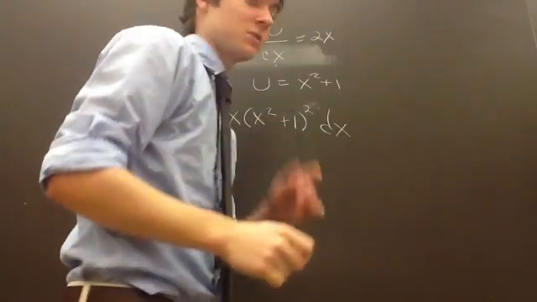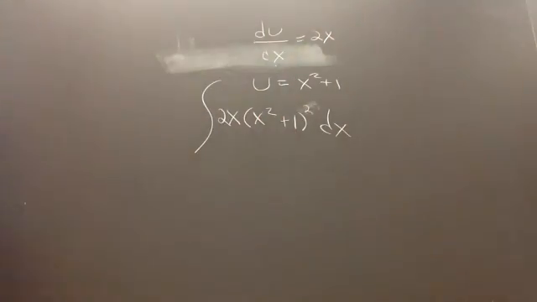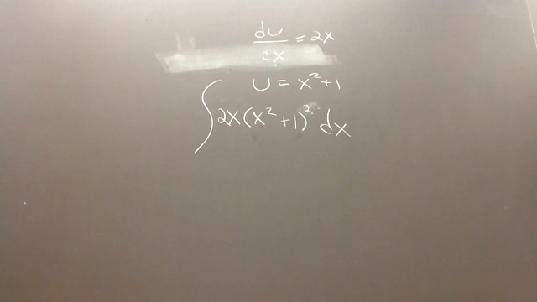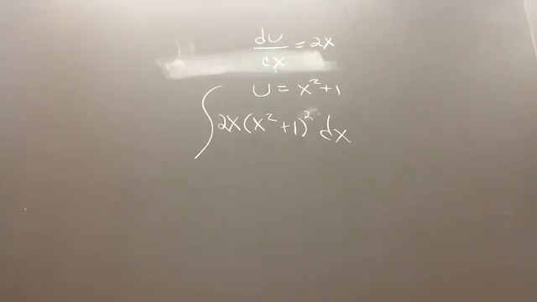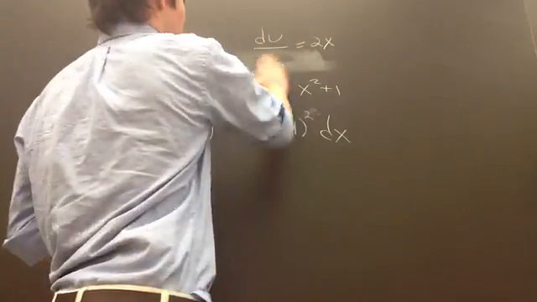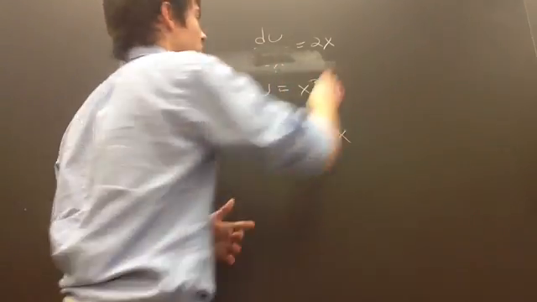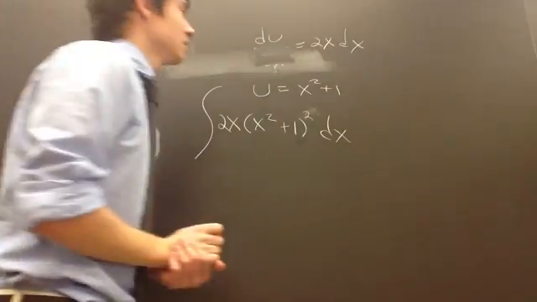Now hold on, I just want to make sure I've got all of this in the shot. Okay, good. So, multiply both sides by dx, and we know that du is equal to 2x dx.